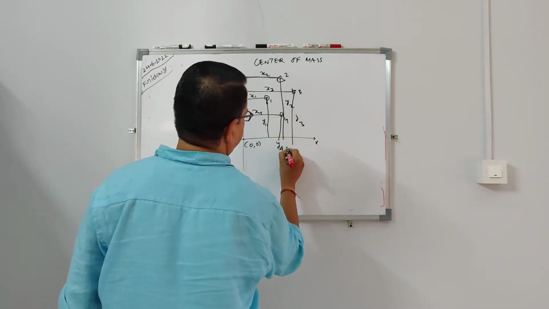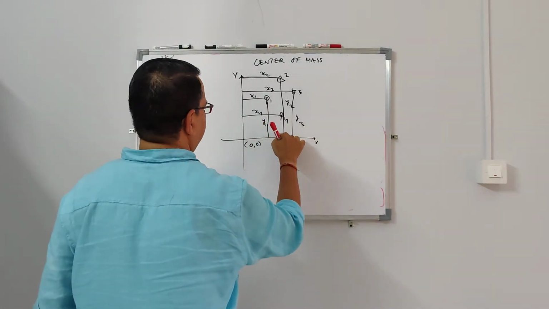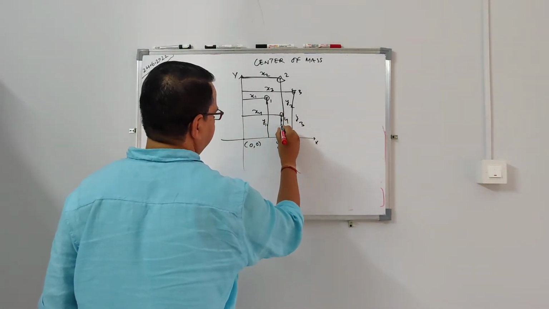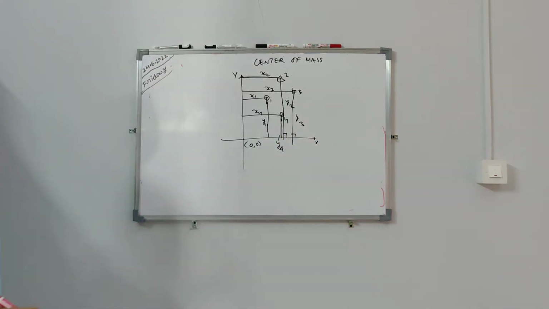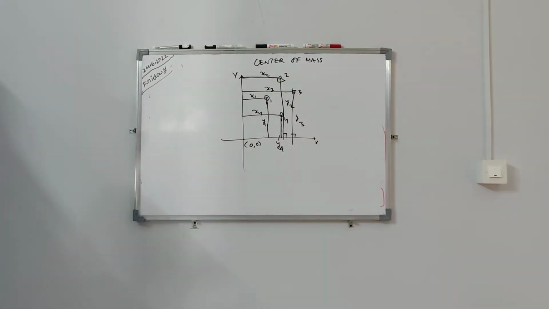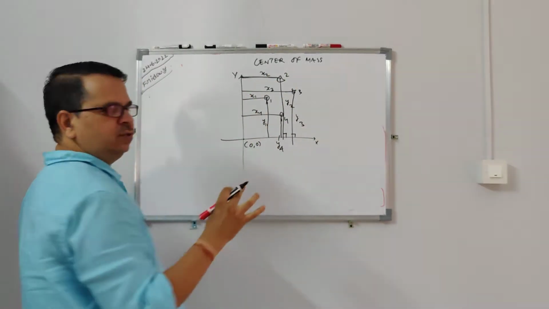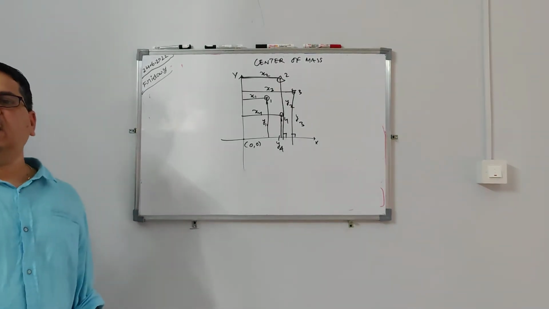The straight lines are a little bit bent, but these are perpendicular. So if the masses are distributed like this, these four masses will have an equivalent location.